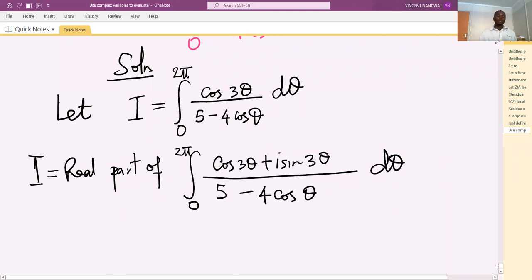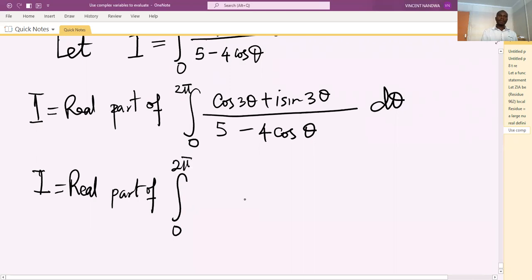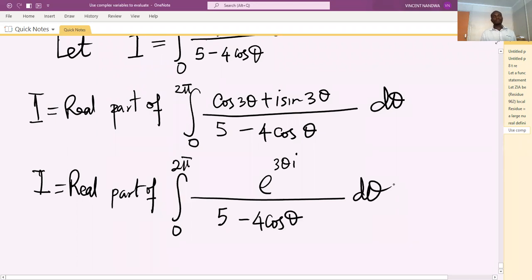From Euler's identity, this can be written as the real part of the integral 0 to 2 pi. Now by Euler's identity, the numerator will be e raised to power 3 theta I over 5 minus 4 cos theta d theta.